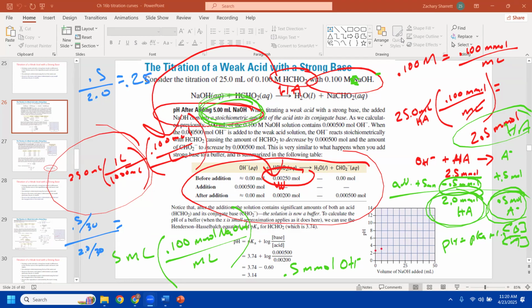I can tell you what it is. It's 0.25. But just to verify, what's 0.5 divided by 30? Anybody? 0.016. And what is 2 divided by 30? 0.06.